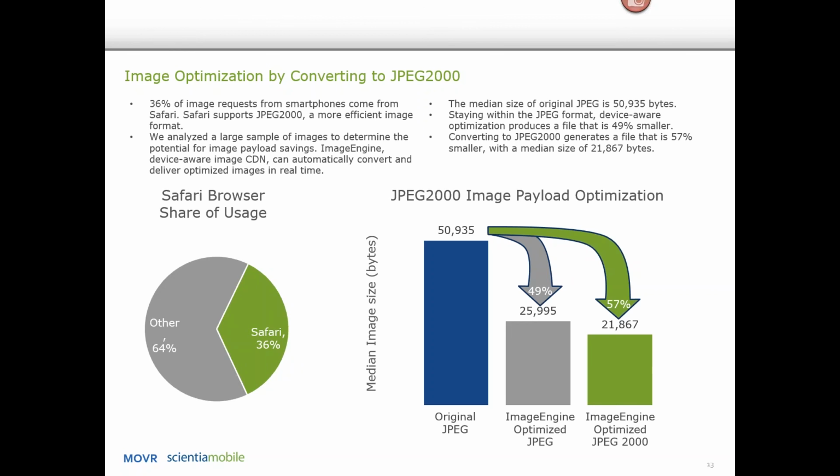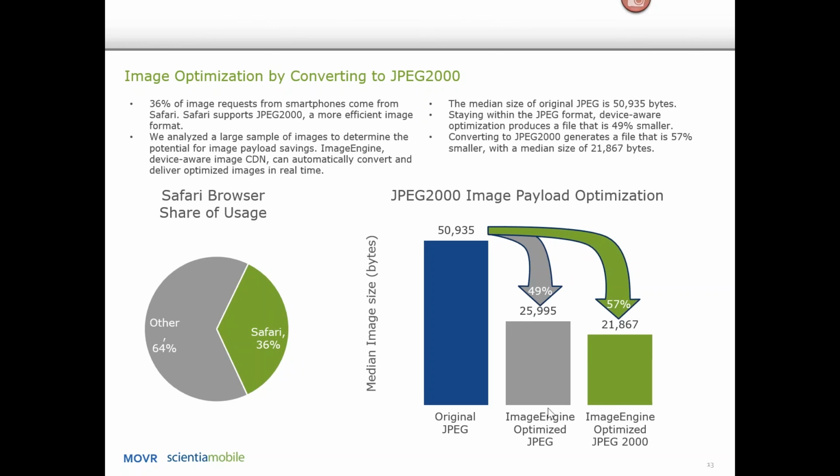And like we see on the chart here, if we have an original JPEG file of 50K, the JPEG optimized size would be close to 26K, which is really well optimized. This is state-of-the-art image optimization. It's very, very difficult to do better than that with regular JPEG.